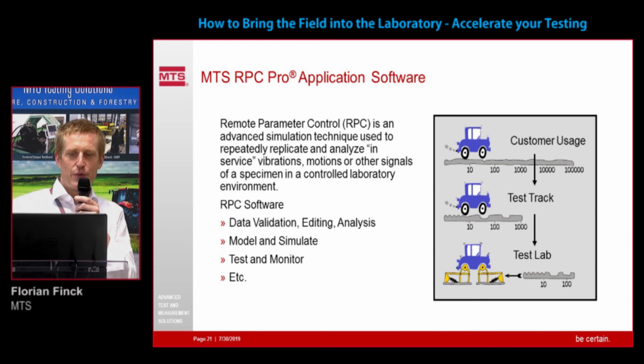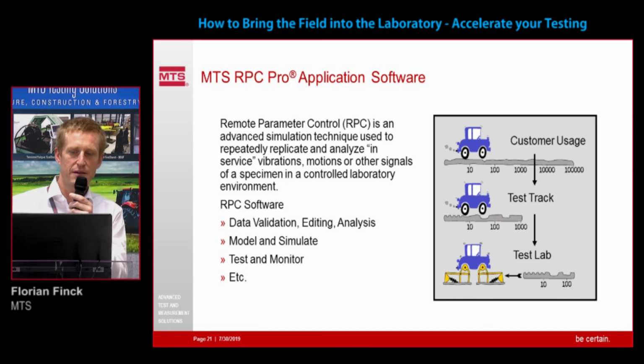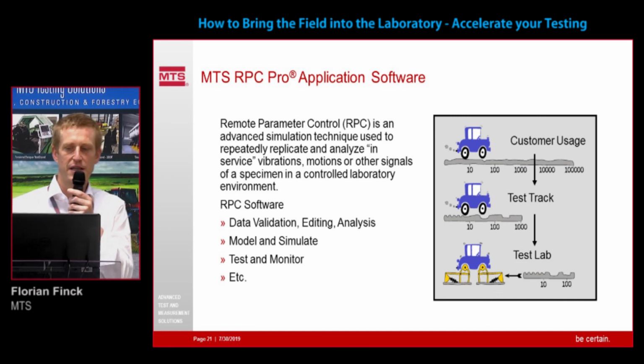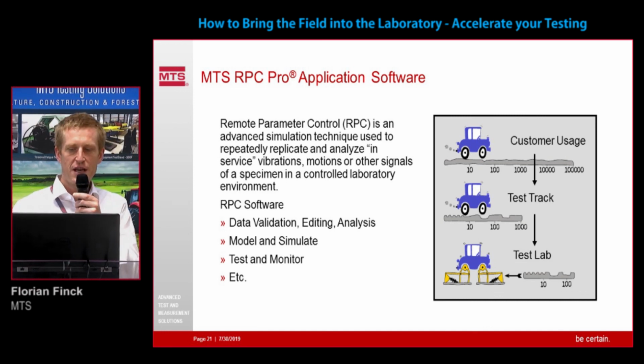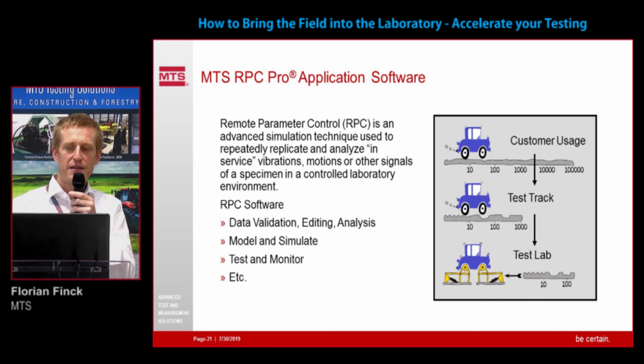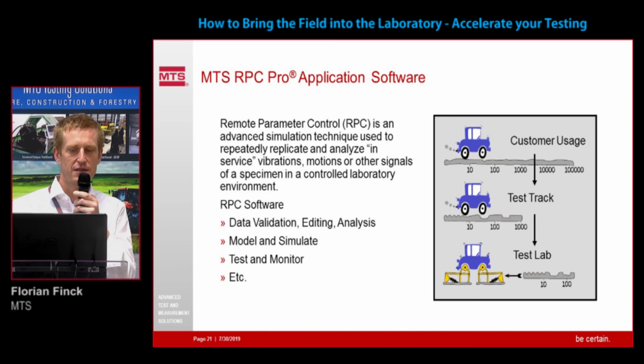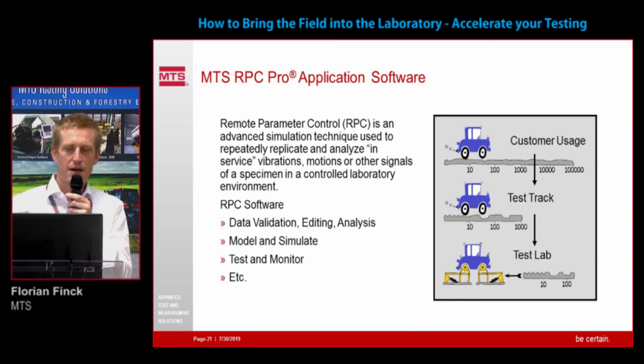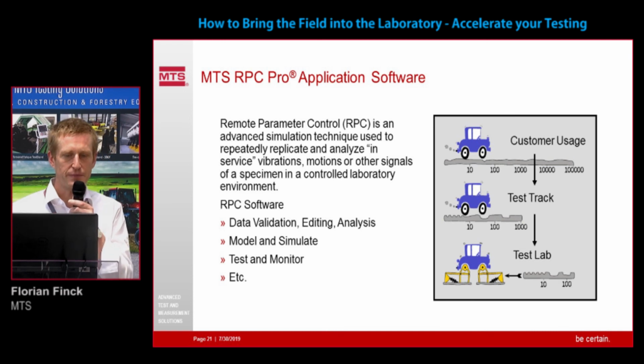But when you go on the test track, you have a number of events. And when you go in the test lab, you can even cut out some of the parts of the signal that are not relevant for the damage, and then you simulate the remaining parts in the test lab. So that's some acceleration in both time and damage.